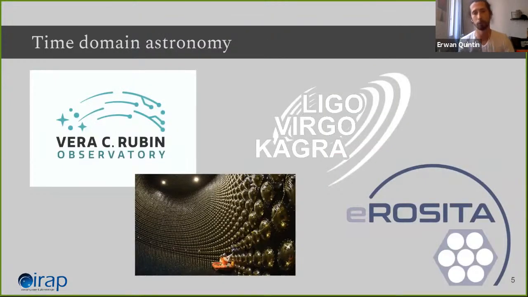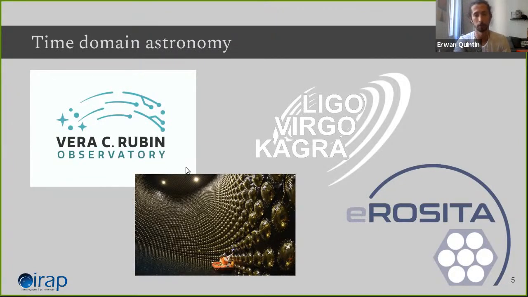This is one of the reasons why we are witnessing today the dawn of time domain astronomy, which is focusing on detecting events that are time dependent. So we have, of course, the Vera Rubin Observatory, which is in optical and which will have a return time of 3 days. So this is excellent to find transient events.